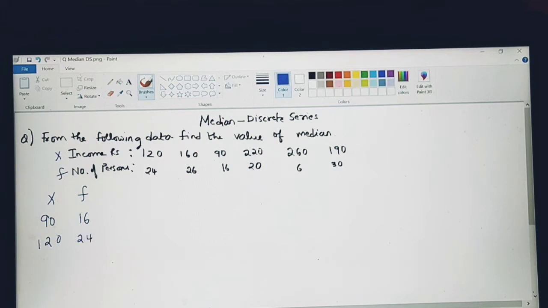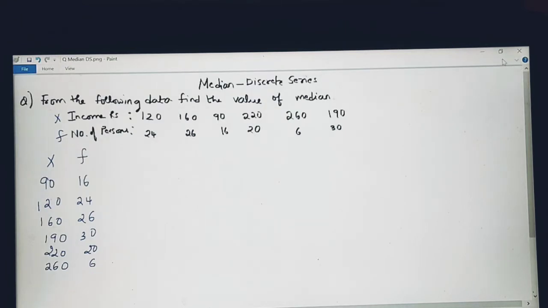Then you have 160 with frequency 26. Then 190 against 30. Then 220 which is 20 and 260 which is 6. This is how you will be arranging your data.